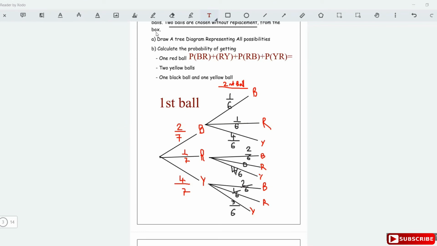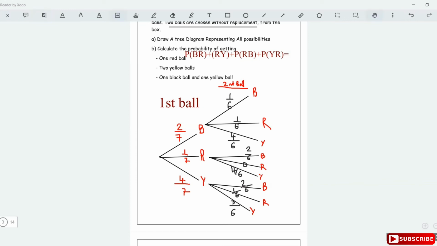All right, let's work that out. So as you can see here, the probability of getting a blue then a red: the probability of getting blue is 2/7 times the probability of getting red. See it here, blue then red, 2/7 times 1/6. That would be right here.